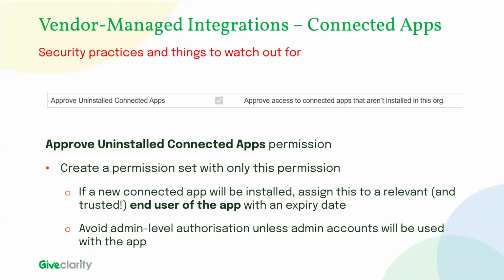Temporarily assign the permission to the integration user, have that integration user authorize the Form Assembly app, and then as an admin, you'd go and install the app and configure the policies, and then obviously revoke the permission from that integration user or end user.